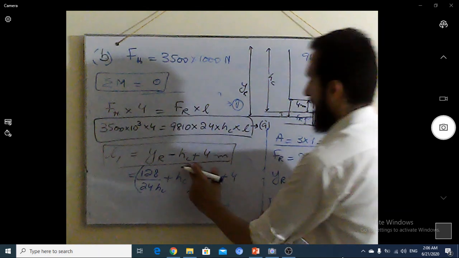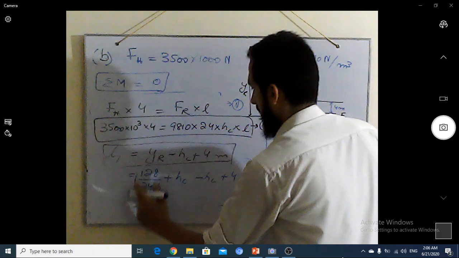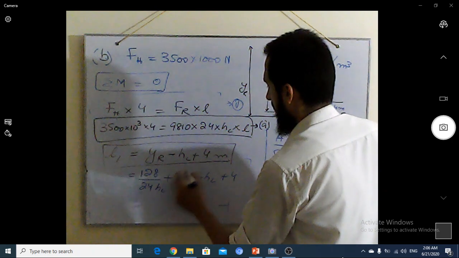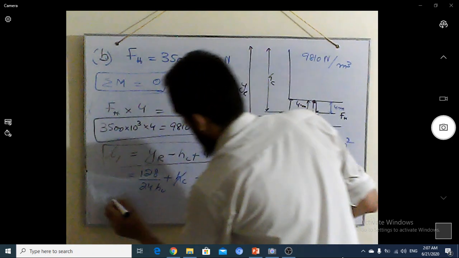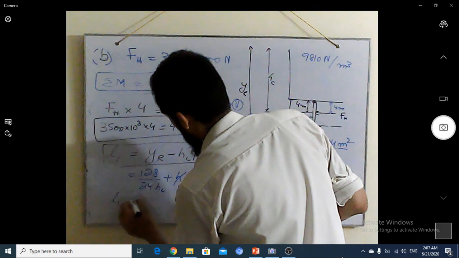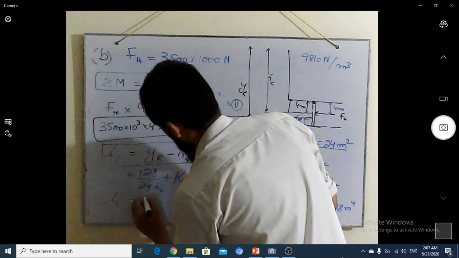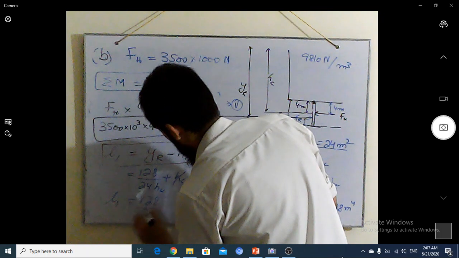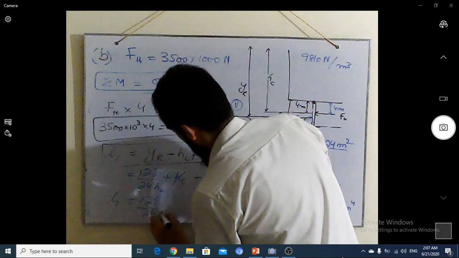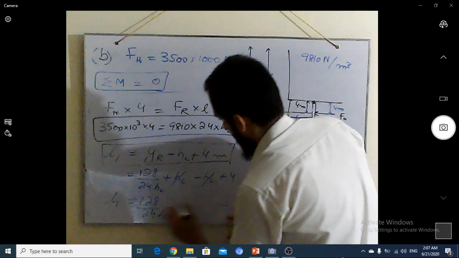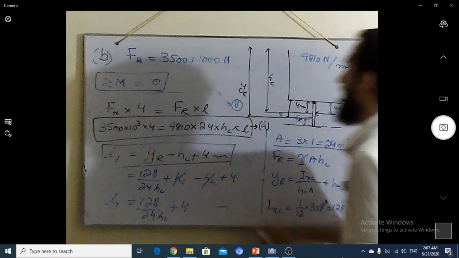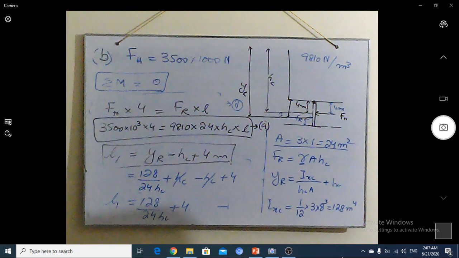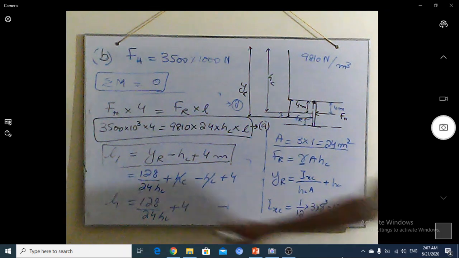So when we open this, again this HC will cancel out and your L1 will be equal to 128 over 24 HC plus 4. Now I just need to put this value in this equation.